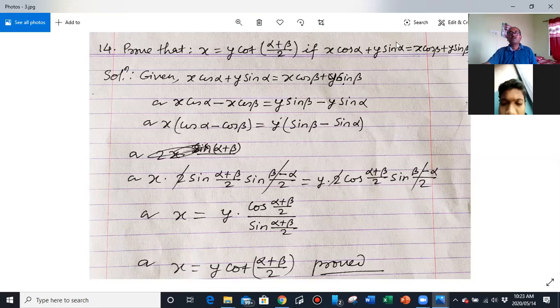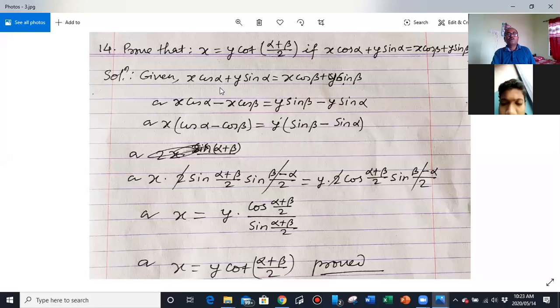This is the given condition: x cos alpha plus y sin alpha equal to x cos beta plus y sin beta. This you have to achieve in the end. So the question looks difficult, but it is very simple. So this is the given fact, this condition.